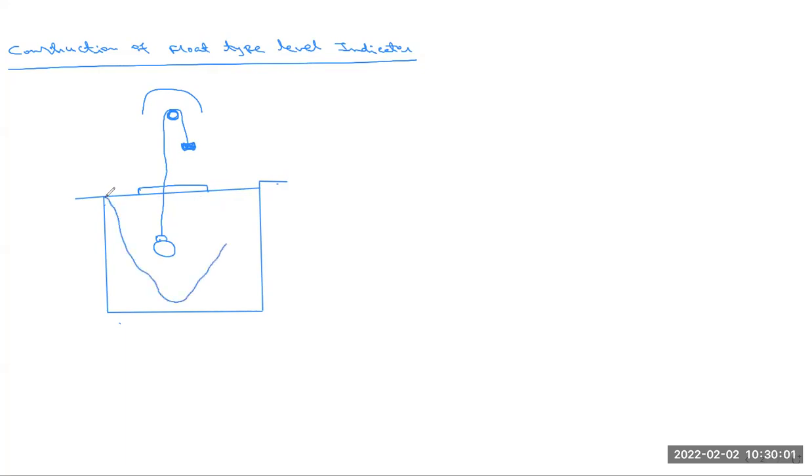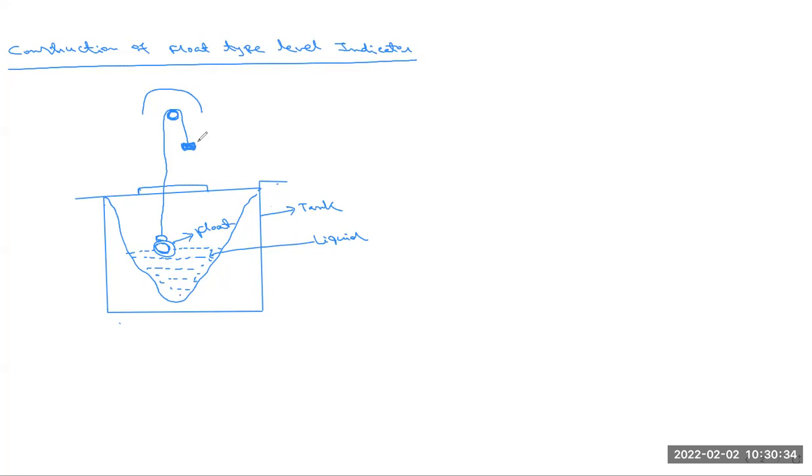This is the liquid level. Liquid is present in the inside of the tank or reservoir. So this is the liquid, and this is a float.